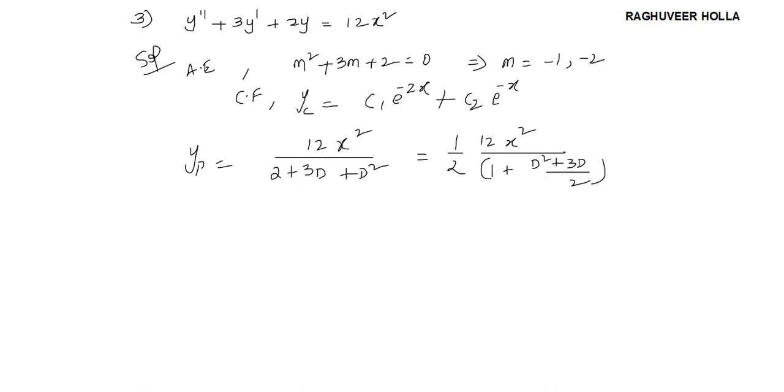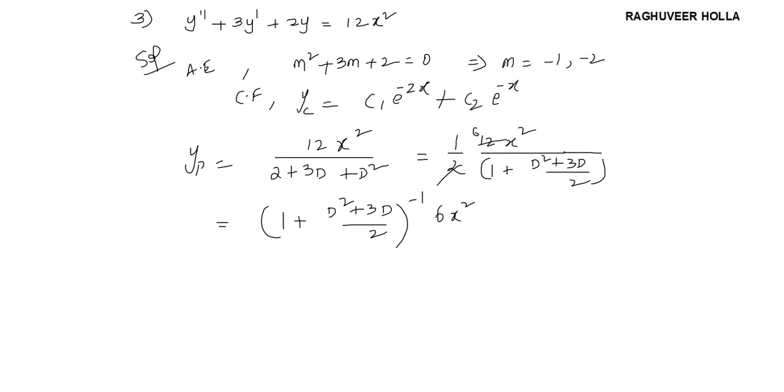Fine. Let us try to solve this. Now this would be 1 plus d square plus 3d by 2 and the inverse. So if I cancel this out, I will be having 6 in the numerator. So let us put down that 6x square.